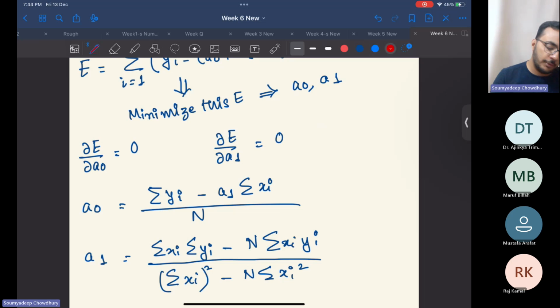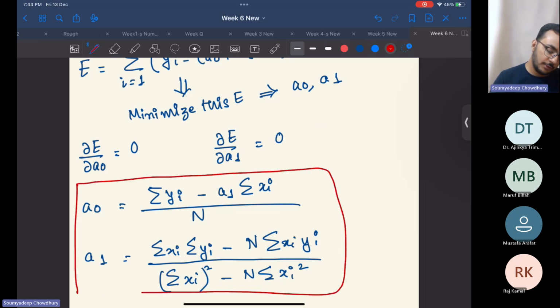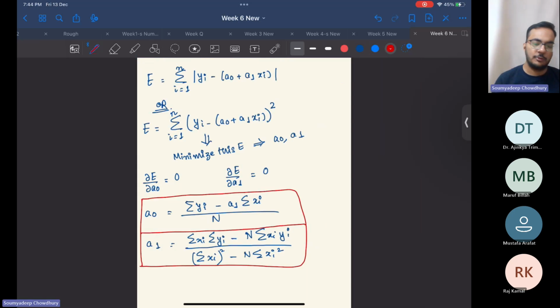So these are the two formulas for linear regression for finding the coefficients of the best fit line. So these are the two formulas.